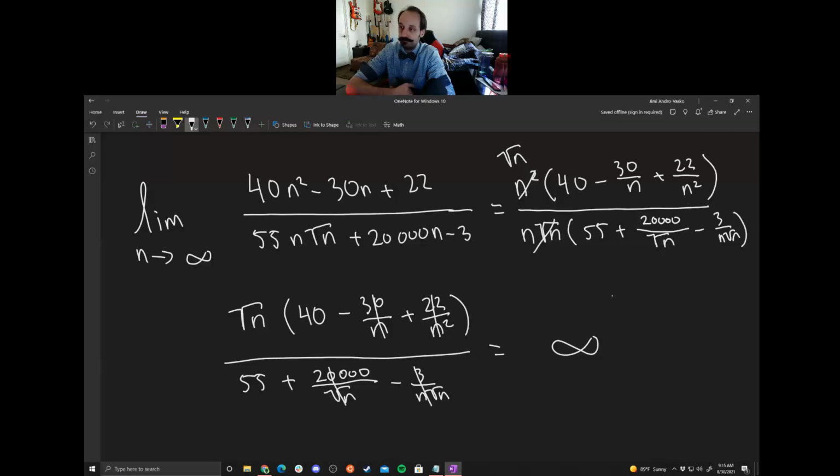Another way we can estimate this is that 40n squared minus 30n plus 22 is a quadratic function, and the most dominant term takes over the entire function's growth rate. So it's still going to be O of n squared. It doesn't matter how big the coefficient on n is, even 5 million n, it's still going to be n squared in growth rate.